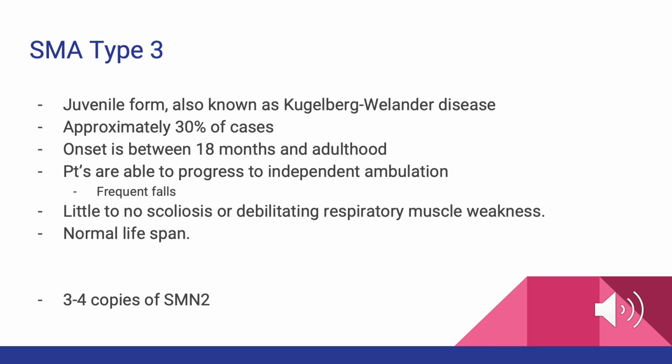And speaking of decline in motor function, these patients, like we said, are able to ambulate on their own. However, later in life, it is very common for these patients to require wheelchair assistance.